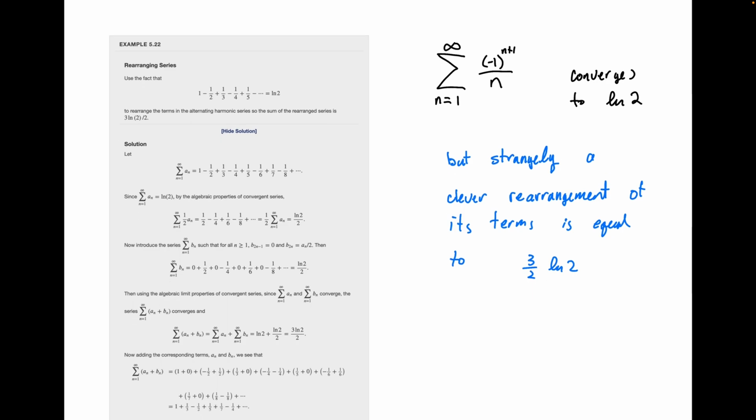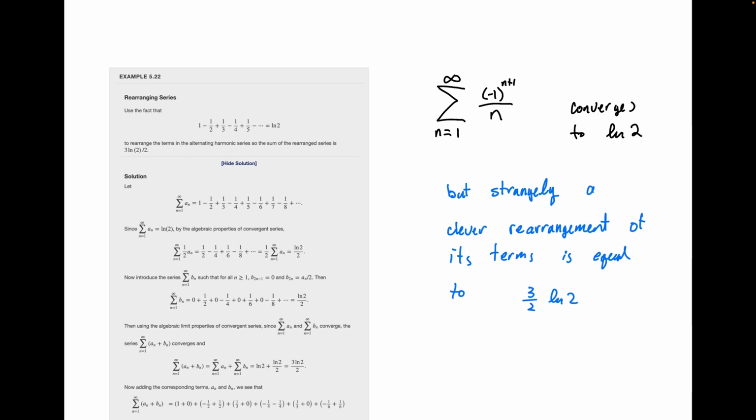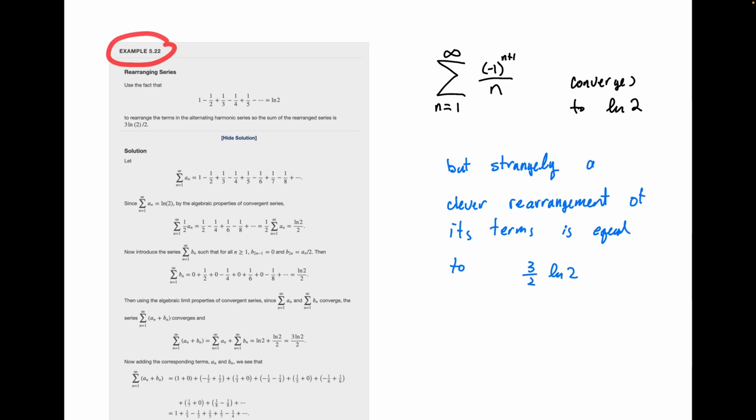Now, why is this so interesting? Why is it nice to be able to grade strong convergence and weaker convergence? What's the big deal? In example 522, we have a nice rearrangement example. It starts out by stating that the alternating harmonic series converges to a nice value.